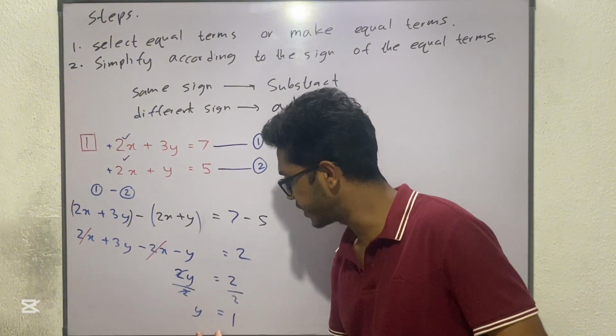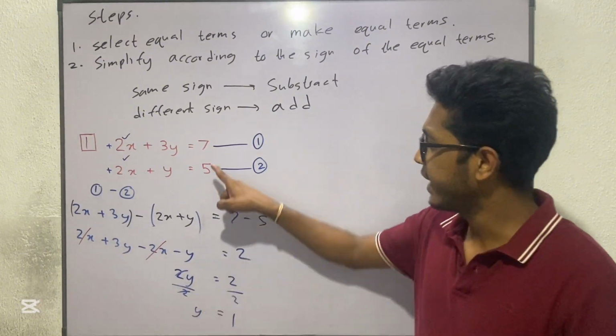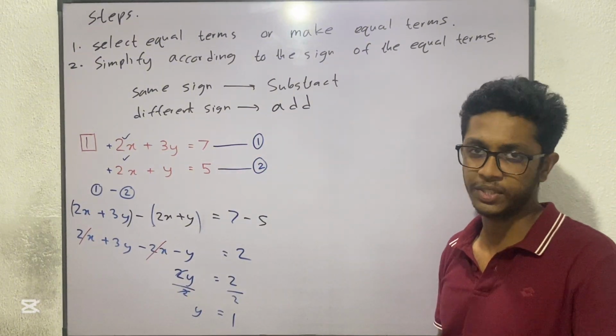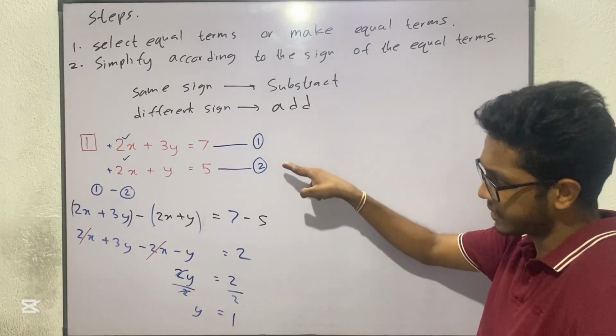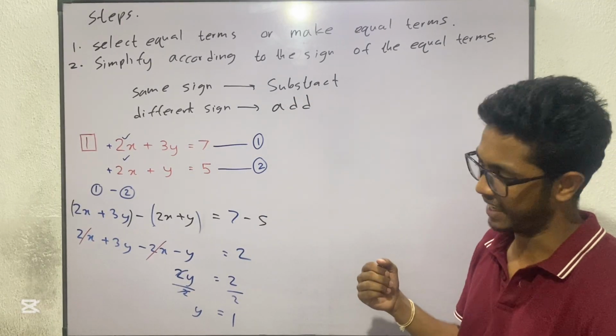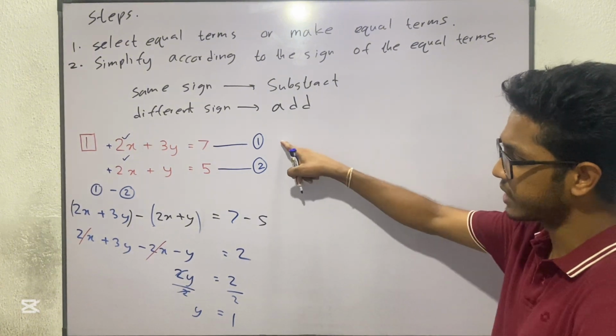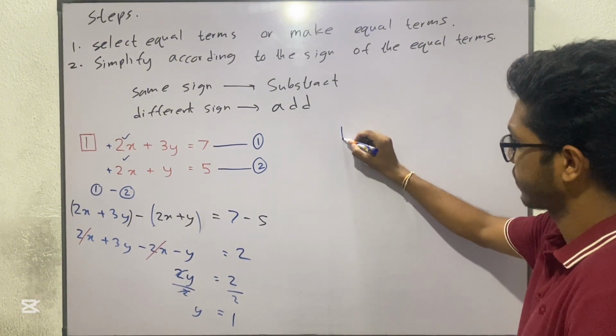Now I am going to substitute this y equals 1 value in any of these two equations. Any equation I can substitute. If I substitute in the first equation or the second equation, I'm getting the same answer. I'm going to substitute that value in the second equation.